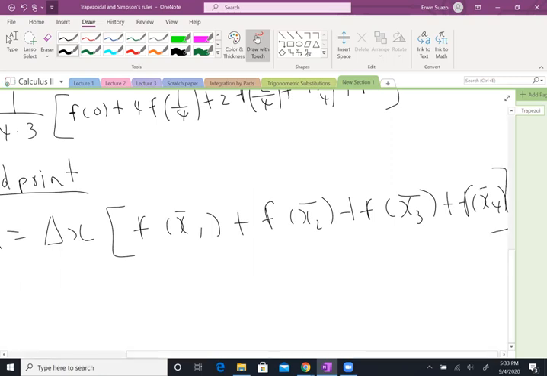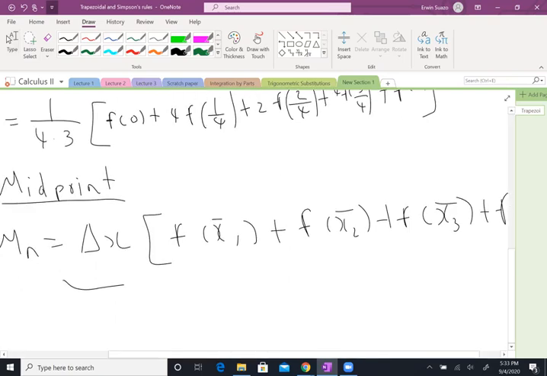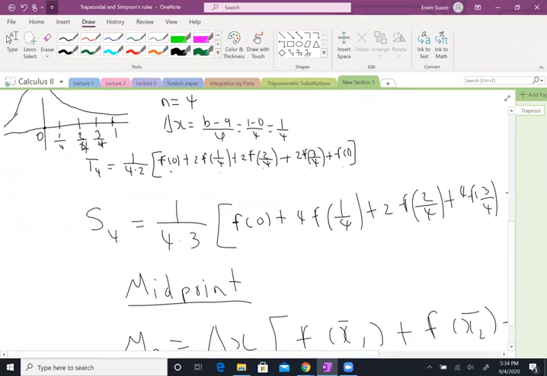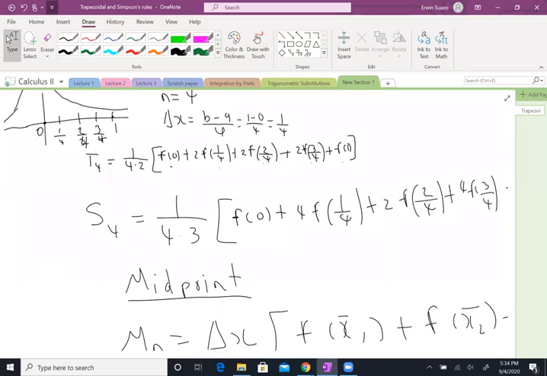In this case, what is my midpoint? Between 0 and 1/4, my midpoint is 1/8, right? So my midpoints are 1/8, 3/8, 5/8, and 7/8.